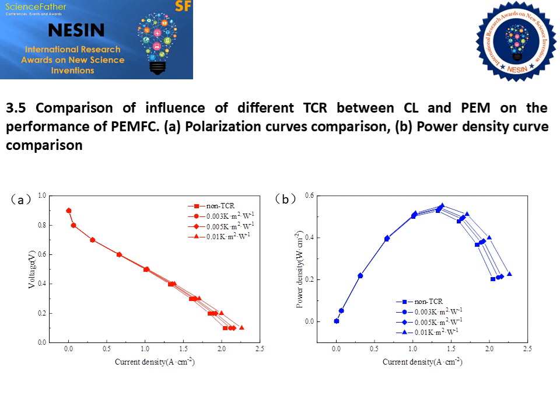The cell power density is increased by 1.24%.